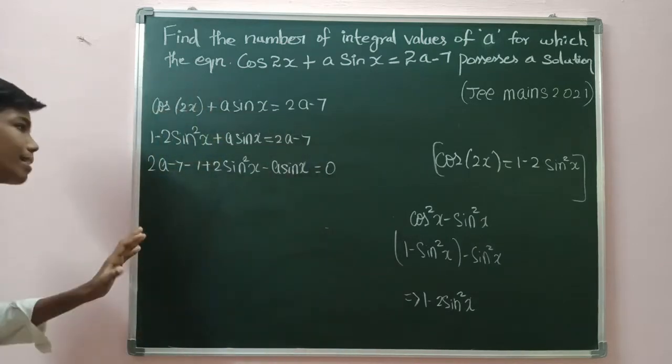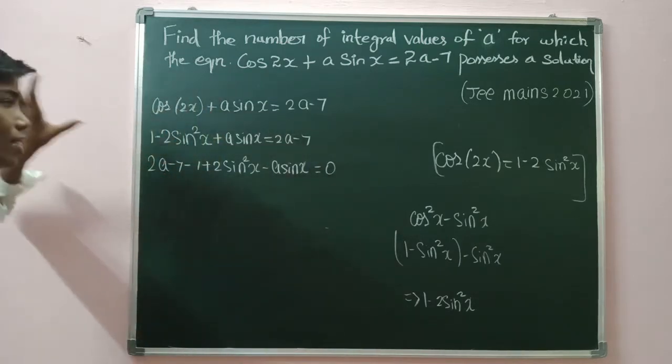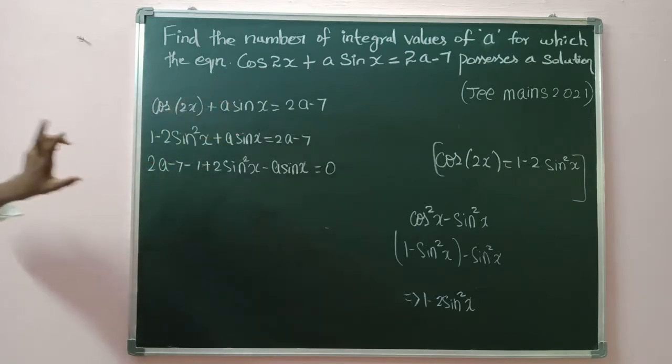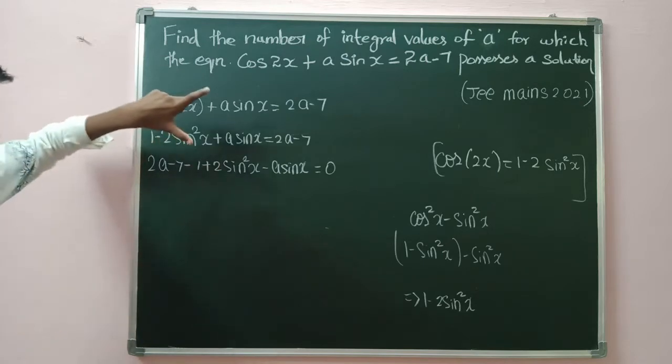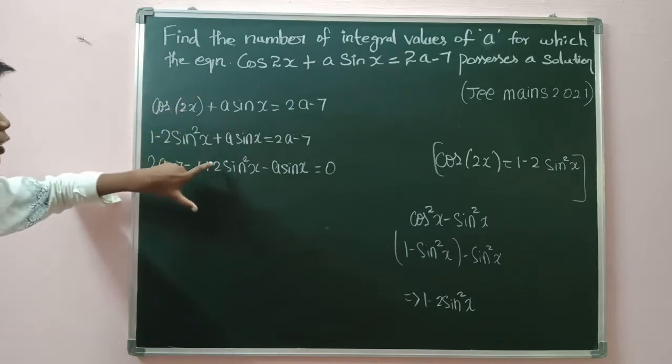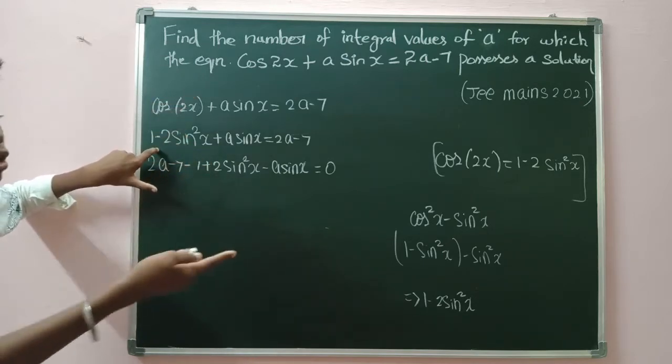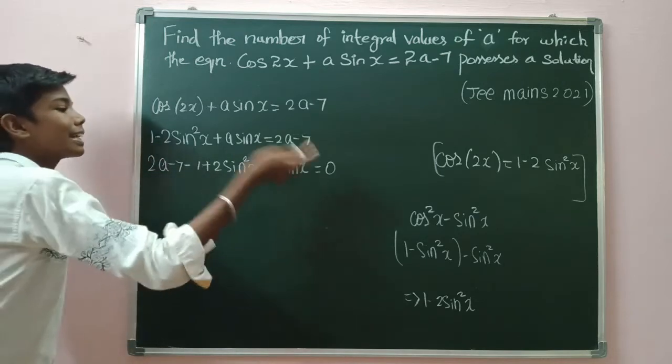What I did is very basic, guys. I just took every term of the LHS to the RHS, so I get 2a - 7 - 1 because it goes to that side, then + 2 sin² x because it is - 2 sin² x, and when it goes to the other side it becomes plus. Then - a sin x, that is equal to 0.